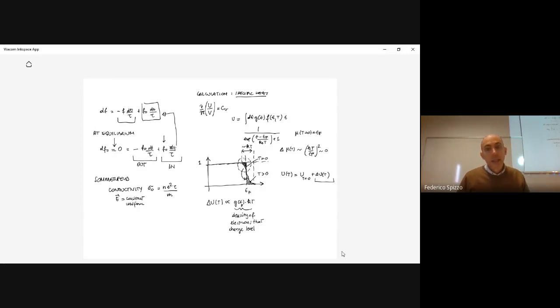Then what is the increase of energy corresponding to those electrons? Those electrons have moved from the upper left area that is highlighted in that diagram to the bottom right area that is highlighted in the same diagram. So the order of magnitude of the change of energy is again proportional to KT.